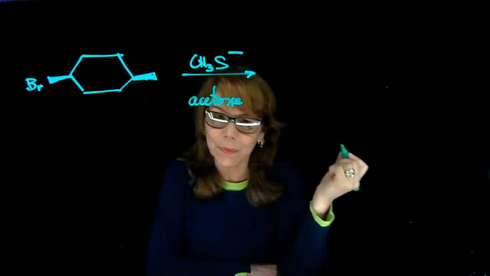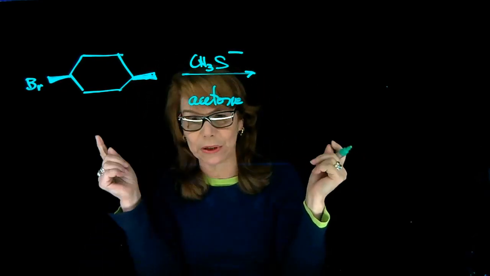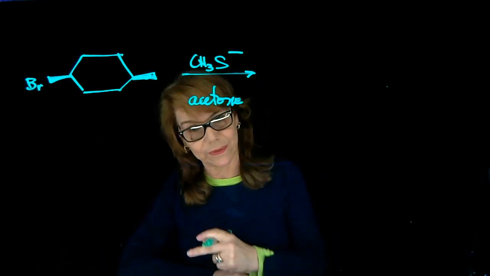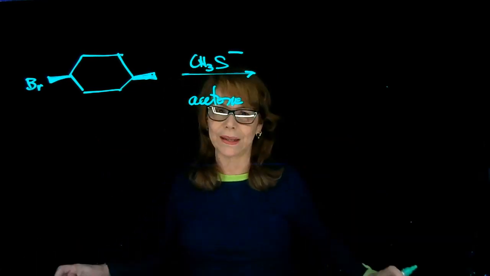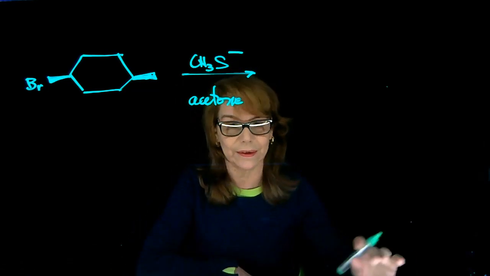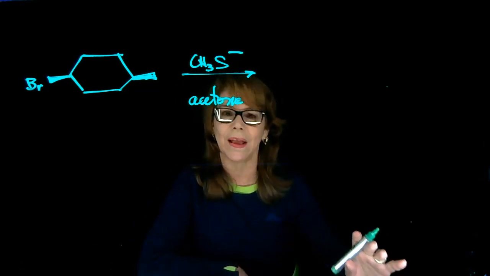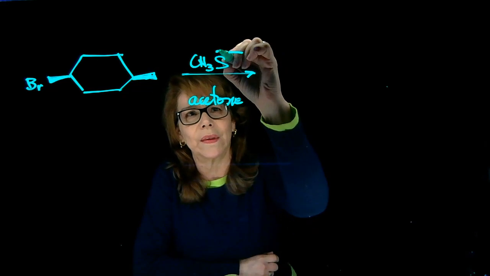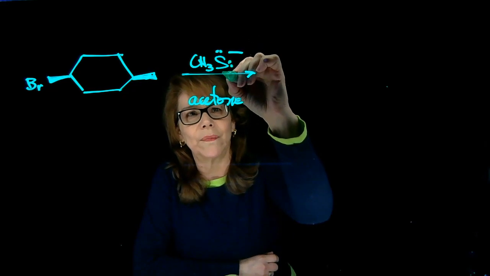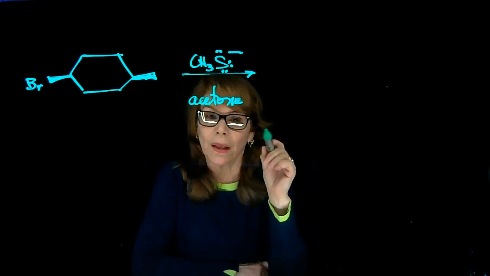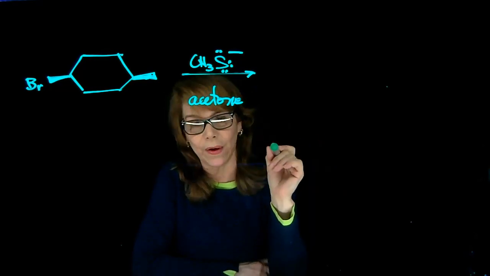To solve problems in substitution, we're going to be looking primarily at what the reagent is and what the substrate is. We also need to consider stereochemistry when that applies. But first, we have this nucleophile, and that molecule is a weak base but a good nucleophile.